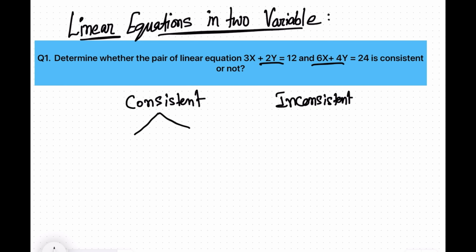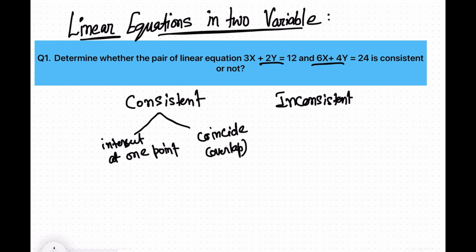What is the first condition? We can say the first condition is intersect at one point, okay. And when you're talking about the second thing, so we can say coincide or overlap completely, okay.